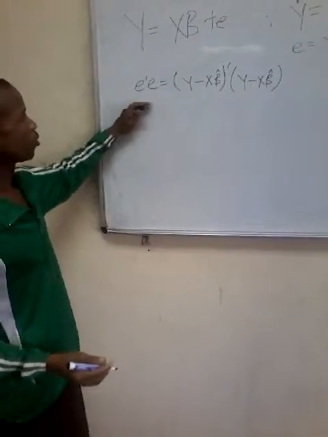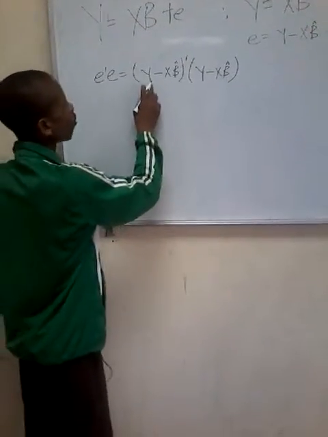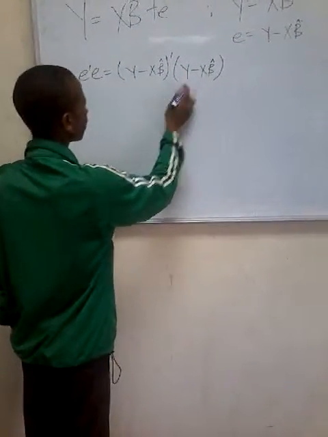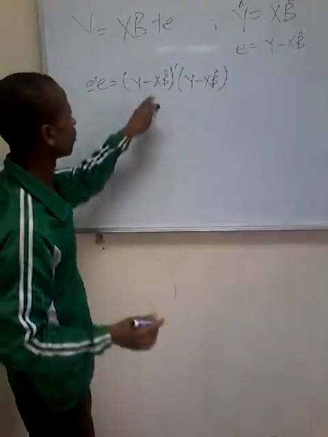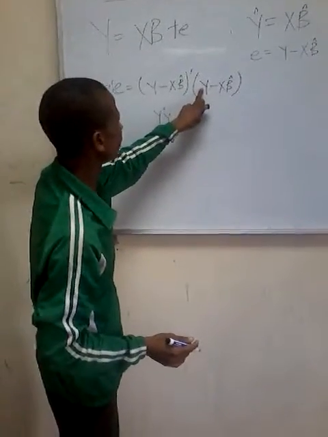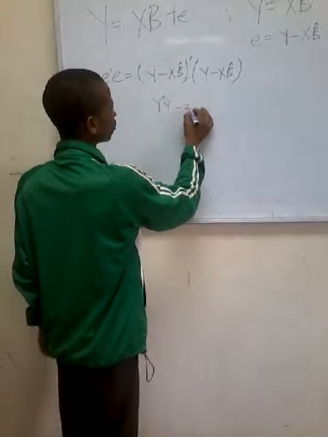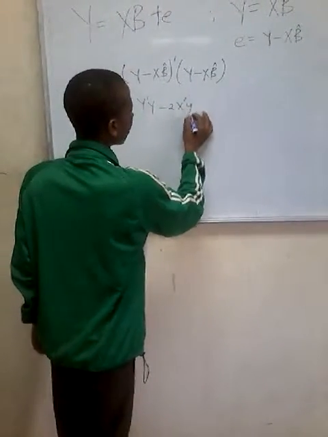So first of all, by expanding this, we get y transpose y. Then X beta multiplied by y, and also y multiplied by X beta, we get minus 2 beta hat transpose X transpose y.